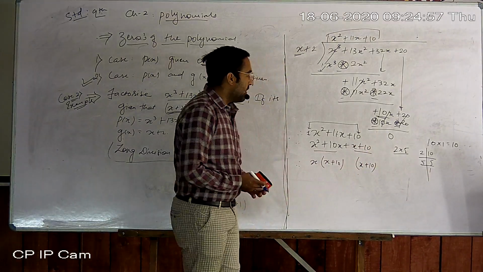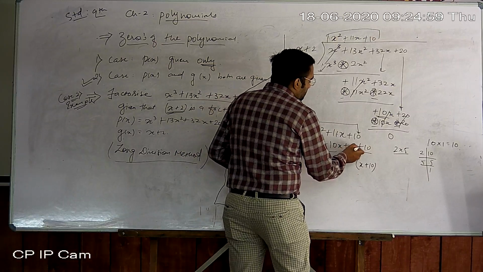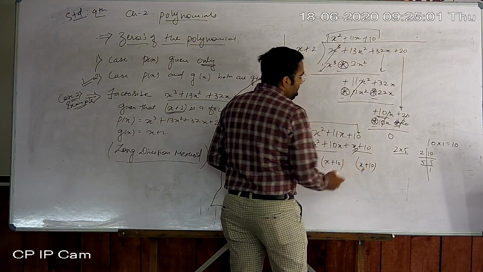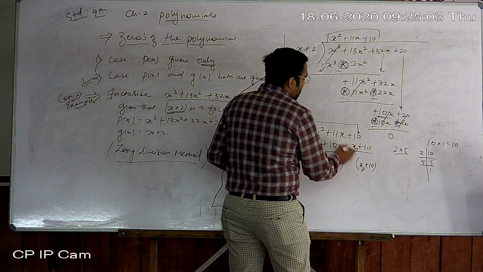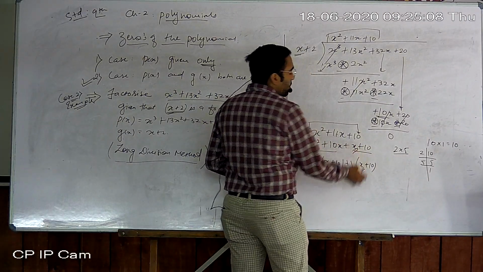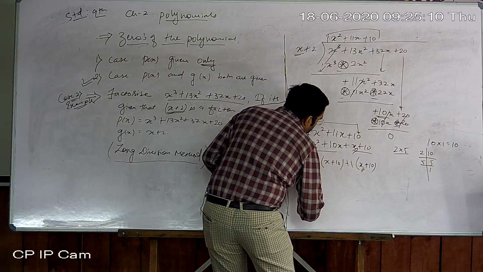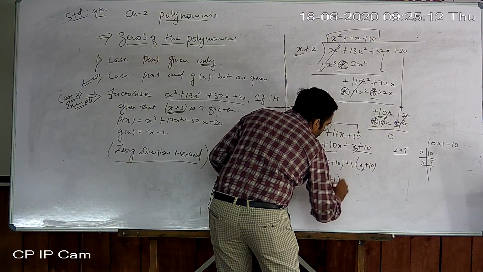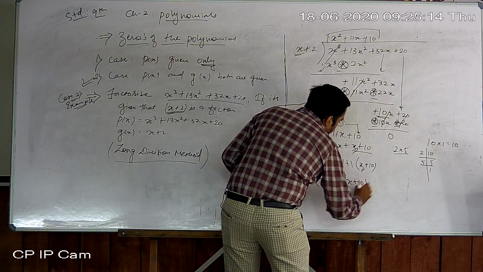Now I'll take the third term with this number. So I found plus 1 as common from both of them. So my answer is x plus 1 and x plus 10.